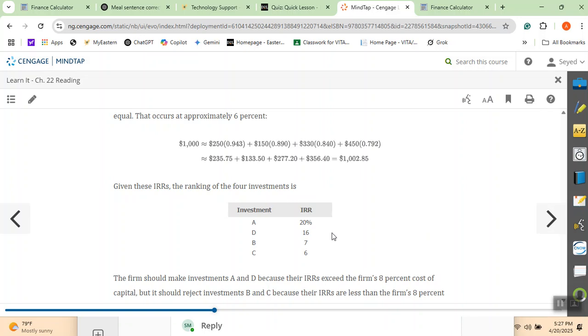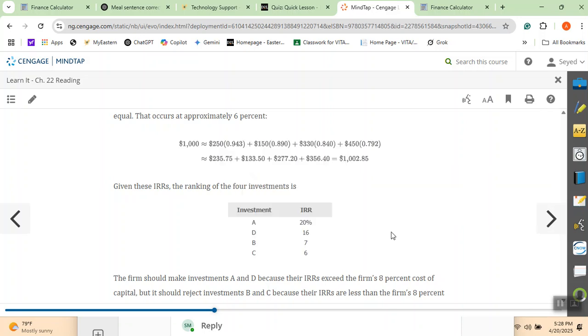Therefore, we go for that. But we do not accept project B. I gave an example of project B as if we buy a truck. We don't buy a truck, we don't borrow, because it's going to cost us 8% and it's giving us a return of 7%. And then we don't go and dig a well either because we borrow $1,000 and it is giving us 6%. Therefore, we accept 2 of the projects.